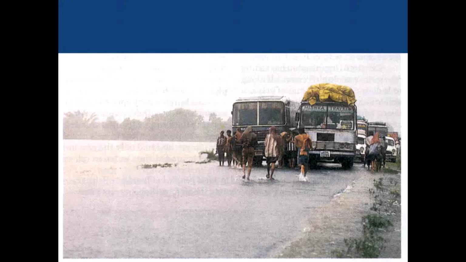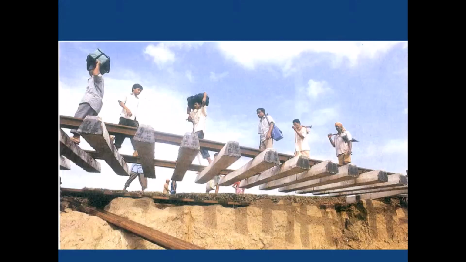And normally this is the cyclonic picture, and the vehicles, etc., will get stranded for days together, and if you are caught in between the flooding water due to torrential rain of the cyclone.